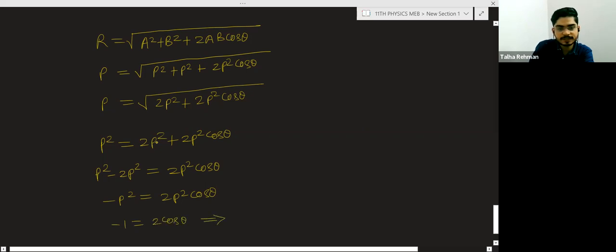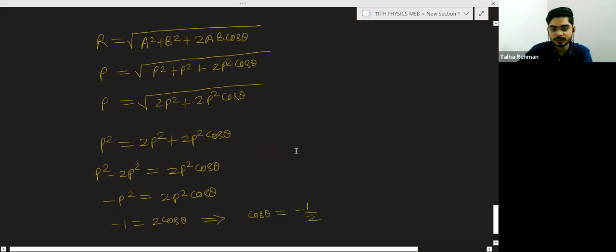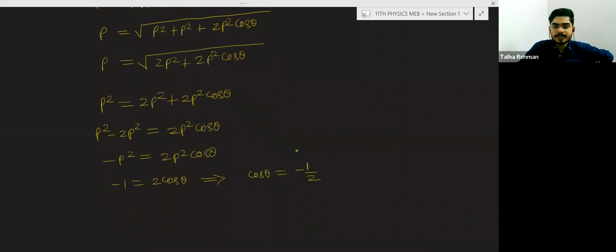Now it is very simple. Cos theta is equal to minus 1 by 2. You can solve this in two ways. First, either you should know what is cos inverse of minus 1 by 2. That is 120 degrees. I know that, but I know that you don't know.